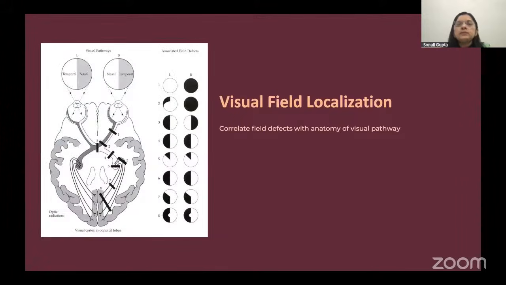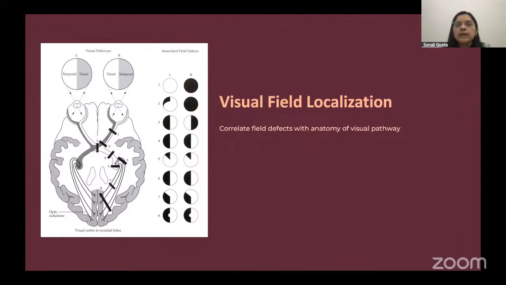After this, we check the visual functions, then we look at the fundus, then we need to do a visual field. Especially the confrontation visual field is a very important clinical technique to possess before being able to organize a formal Humphrey visual field. You can get a quick clue in the clinic itself on where the lesion could be.